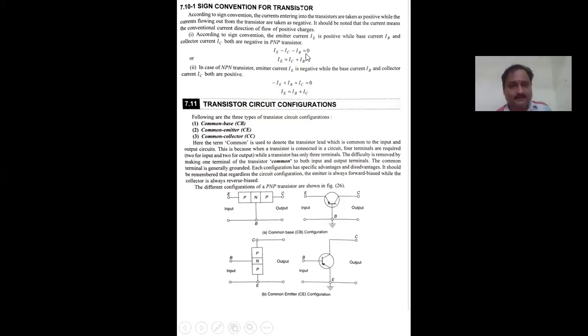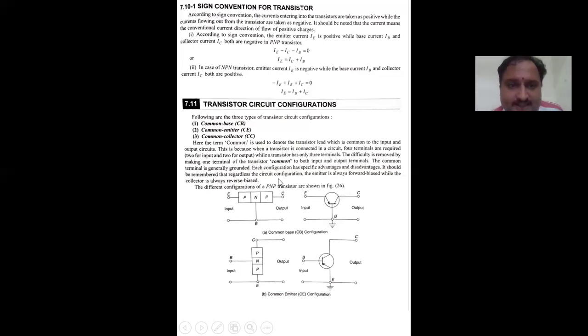From this we get the equation IE is minus IC minus IB. Why? Because this is the reverse current, so we get minus. This is the reverse connection. This is the forward bias connection. That is how we get this equation.